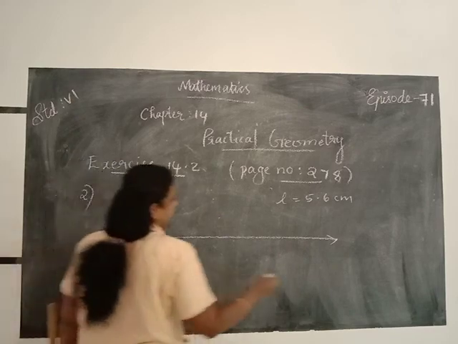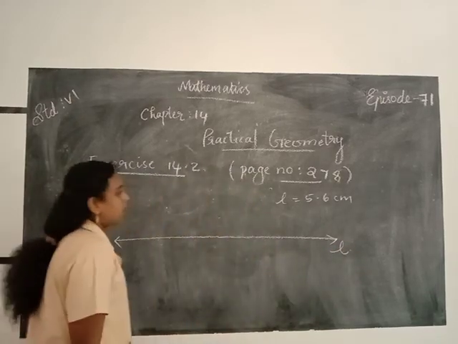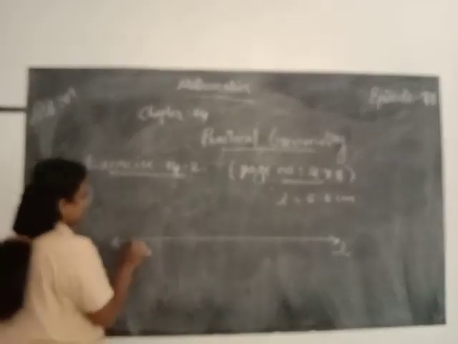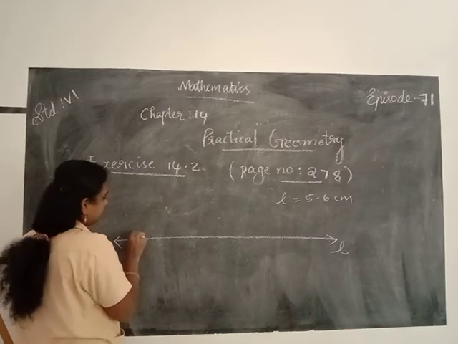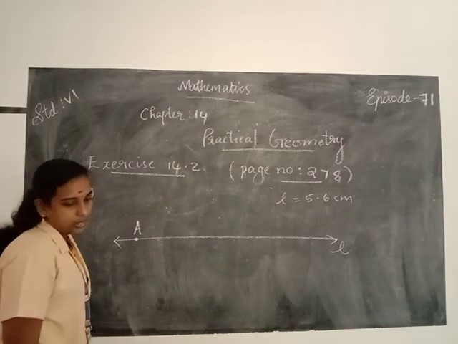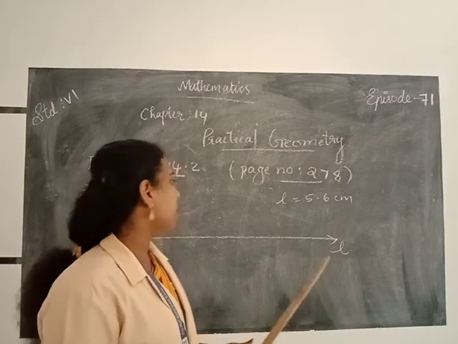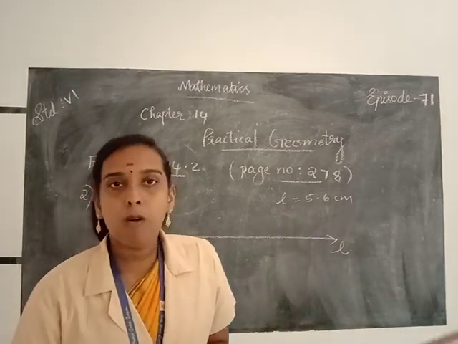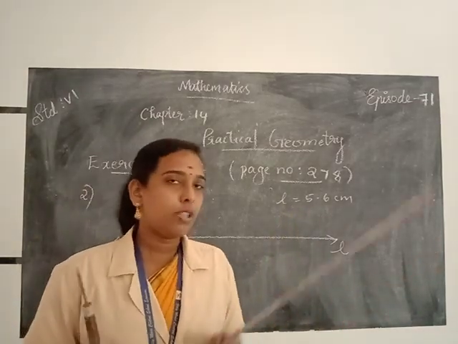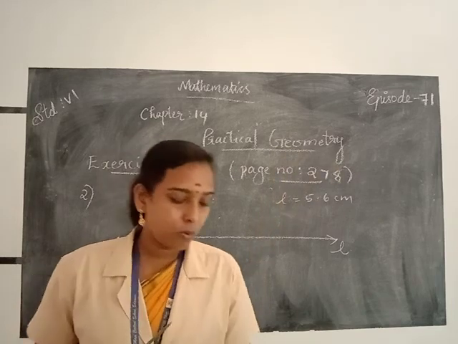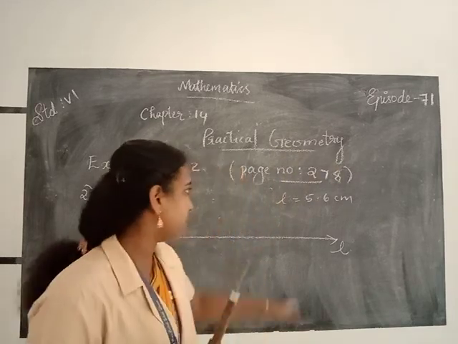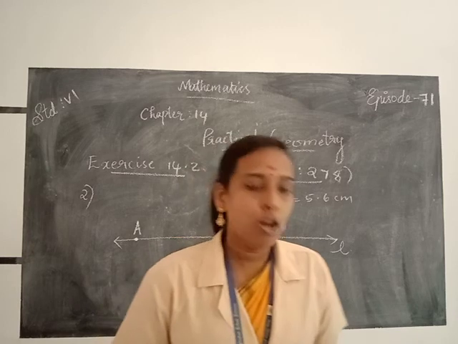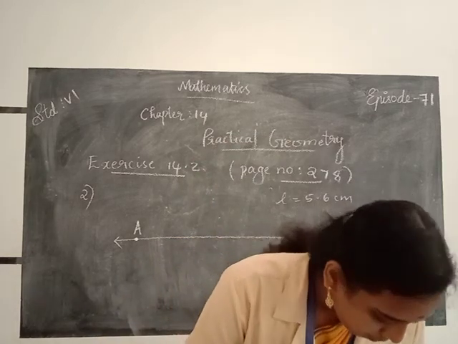Then you take the given length in your compass by using your ruler. So you take 5.6 centimeter in your compass with the help of your ruler.